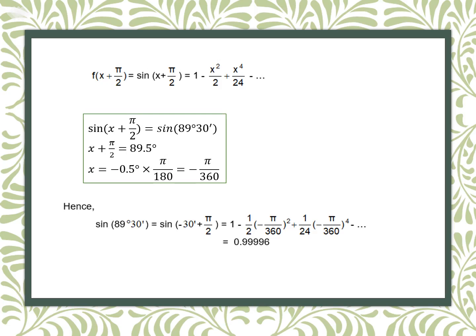Convert this to radian by multiplying it with pi over 180. You will get x equal to negative pi over 360 radian. By replacing all the x with this value and simplify, you will get sine 89 degree 30 minutes equal to 0.99996.